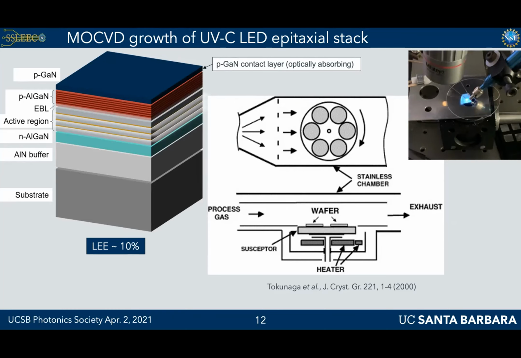But as it turns out, the hole concentration in p-type AlGaN is so low that really the only way you can make a decent electrical contact is using a contact to p-GaN. So you sort of just have to have some p-GaN in there, and you make it as thin as you can, but it's really tough to avoid that. And the light extraction efficiency is about 10% in a standard structure like this.